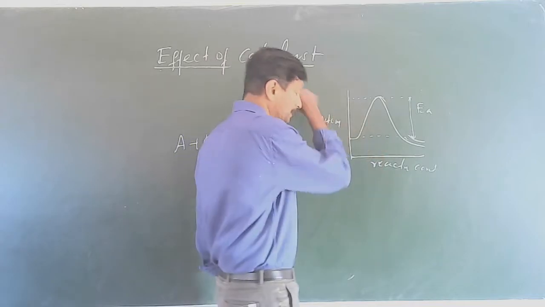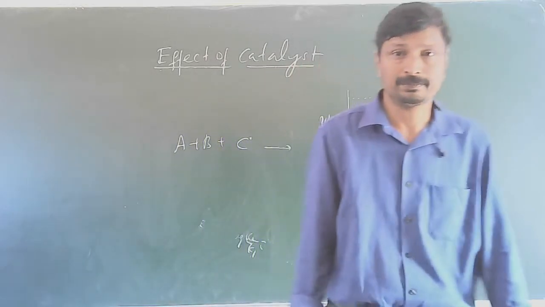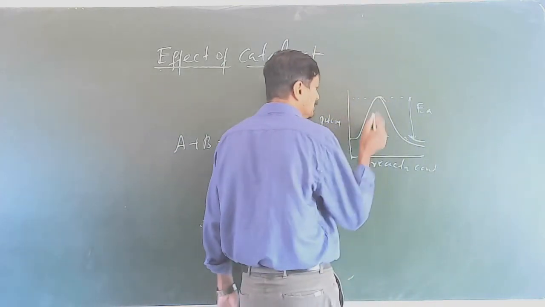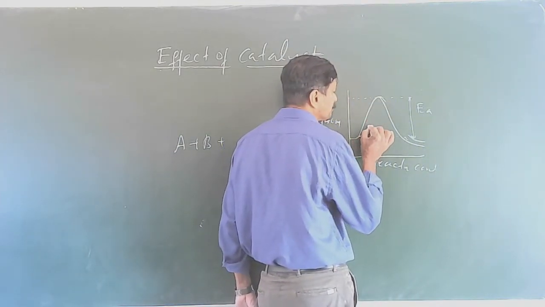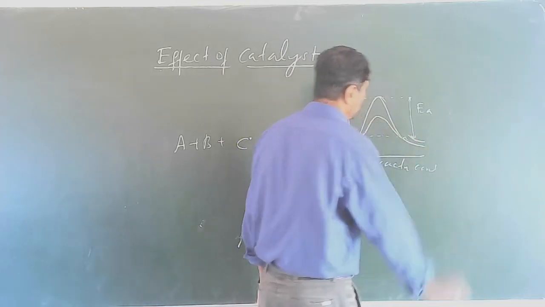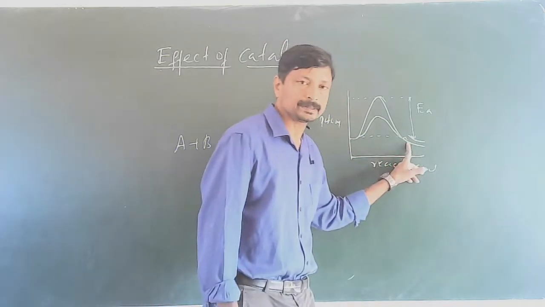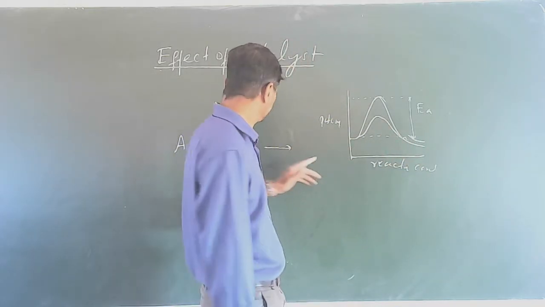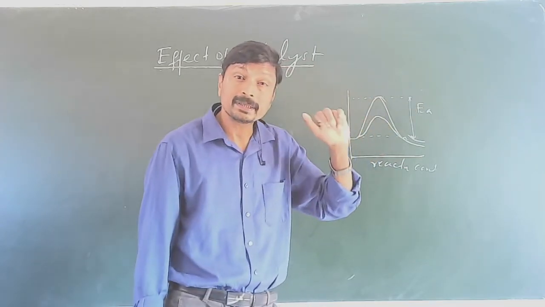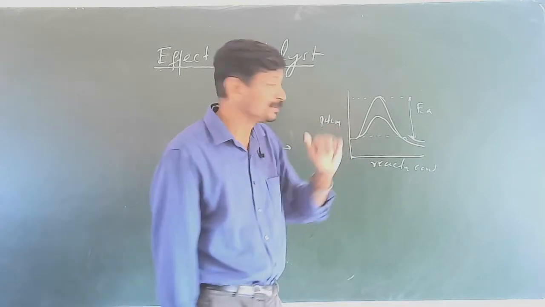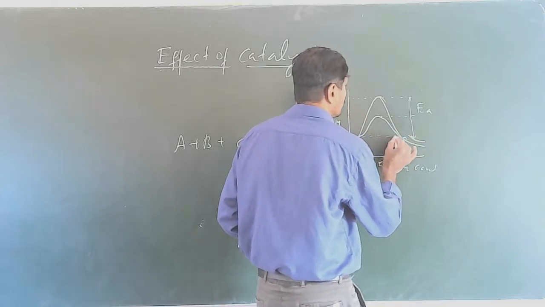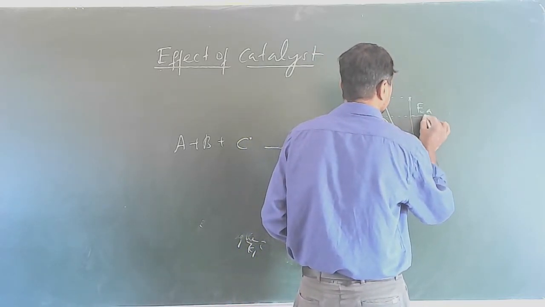In the presence of catalyst, suppose you use a catalyst in the reaction, what happens? It follows an alternative path, which has a lower activation energy. Here the energy of the reactant and product are the same, but the reaction goes by the alternative path where the activation energy gets lowered. What is this gap called?